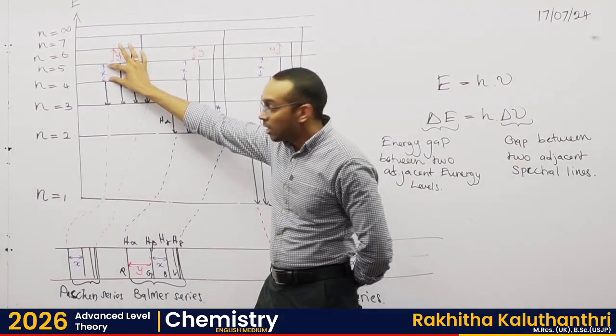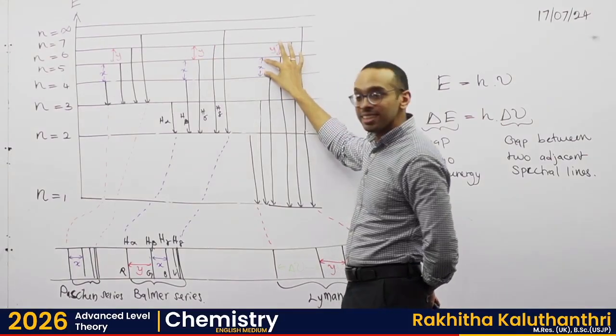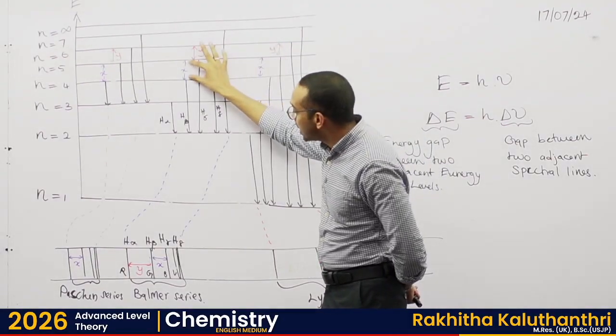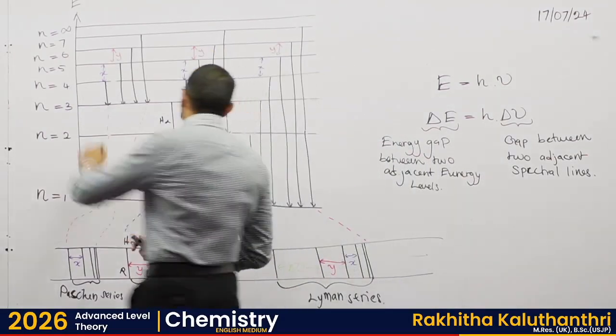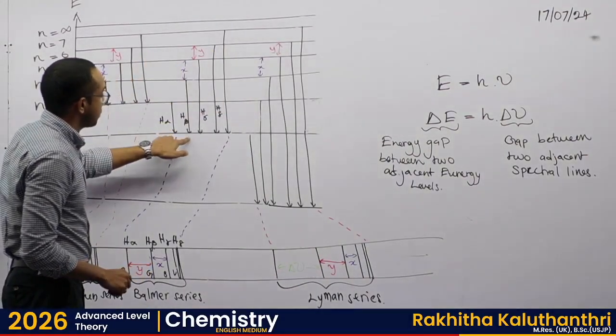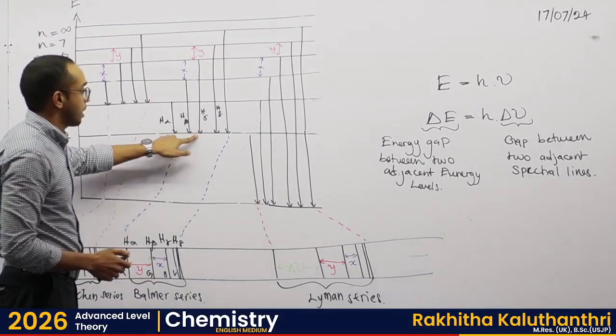Is that clear? But this same energy gap is seen here as well as here. Do you see? Now this energy gap could be explained through the H beta electron transition and the H gamma electron transition. I'll give you the names separately.